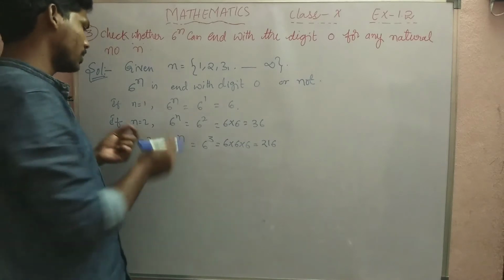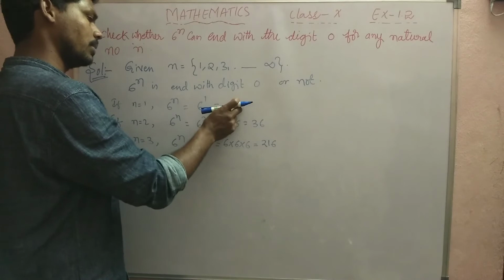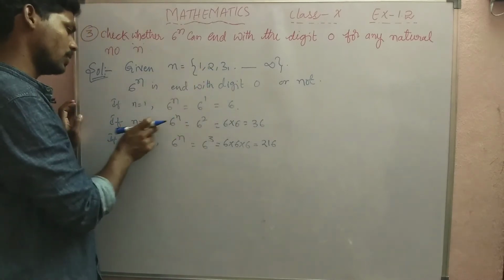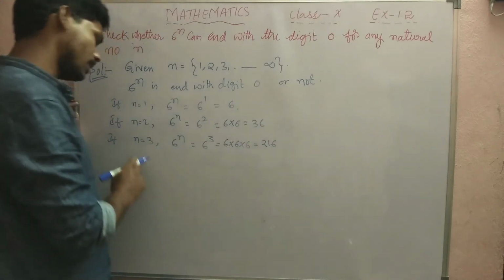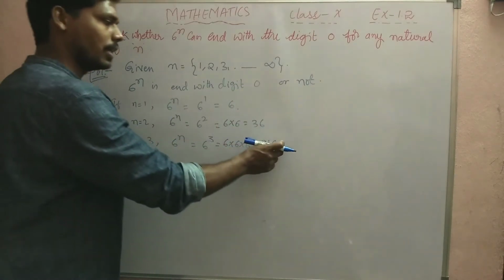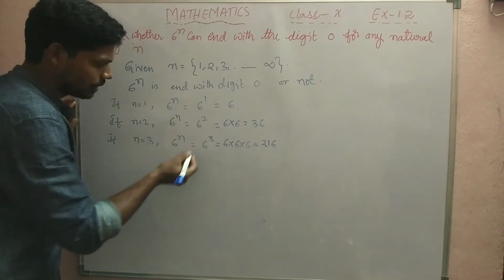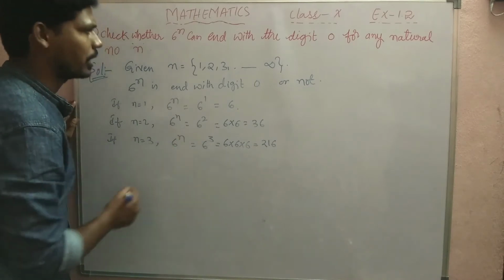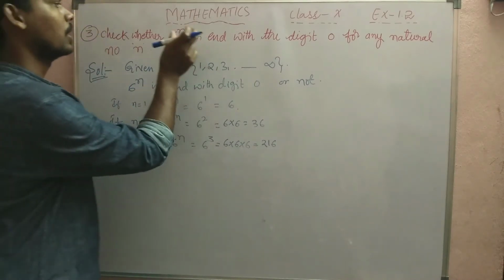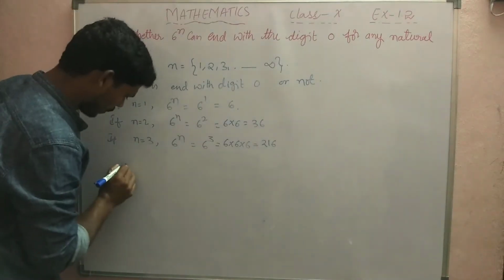Why? Because if n is 1, the digit becomes 6. If n is 2, again we are getting 36, which means the end digit is 6. If n is 3, we are again getting end digit 6. So we can conclude that 6 power any number always gives 6 as the end digit. So we can conclude that 6 power n cannot end with the digit 0.